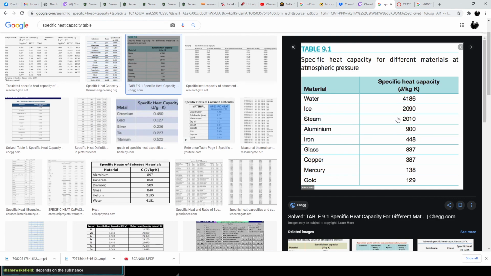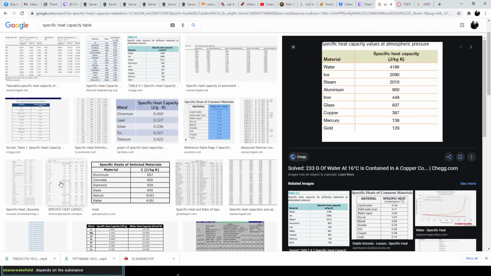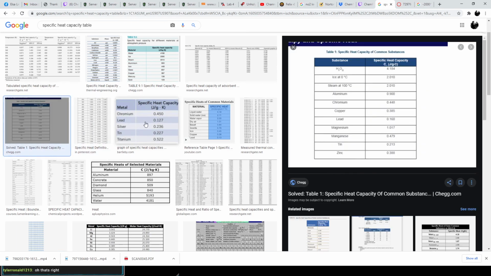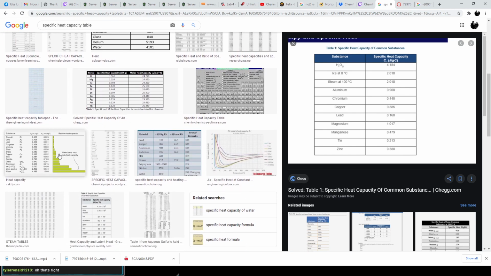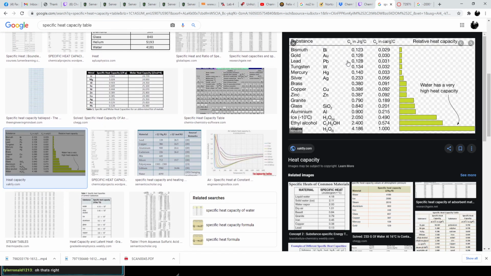Notice they all have different heat capacities. We have some other things here. You would have all sorts of various specific heat capacities that would vary depending on your substances. So, yeah, exciting. Here's some more, you have all sorts of various things at various phases.